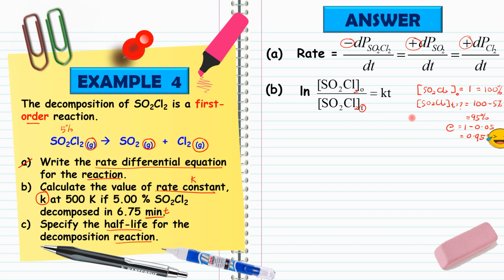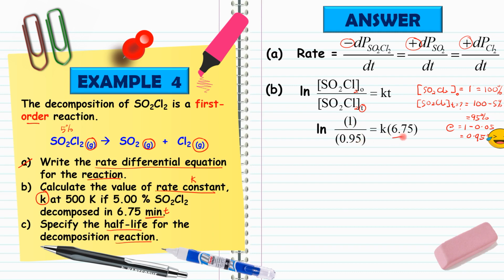So the initial concentration of SO2Cl2 is 1 in ratio form, over the concentration of SO2Cl2 at t, which is 0.95. Make sure you choose only one, either ratio or percentage.